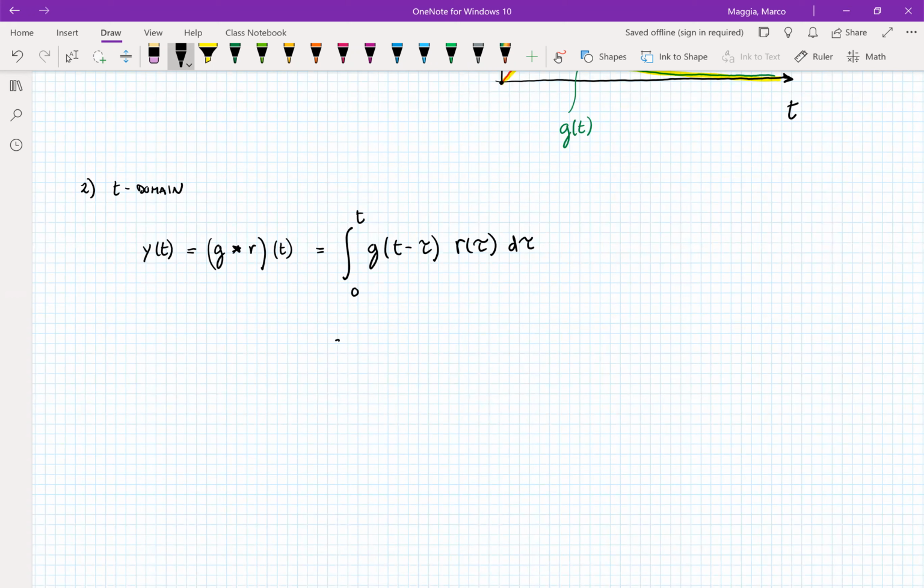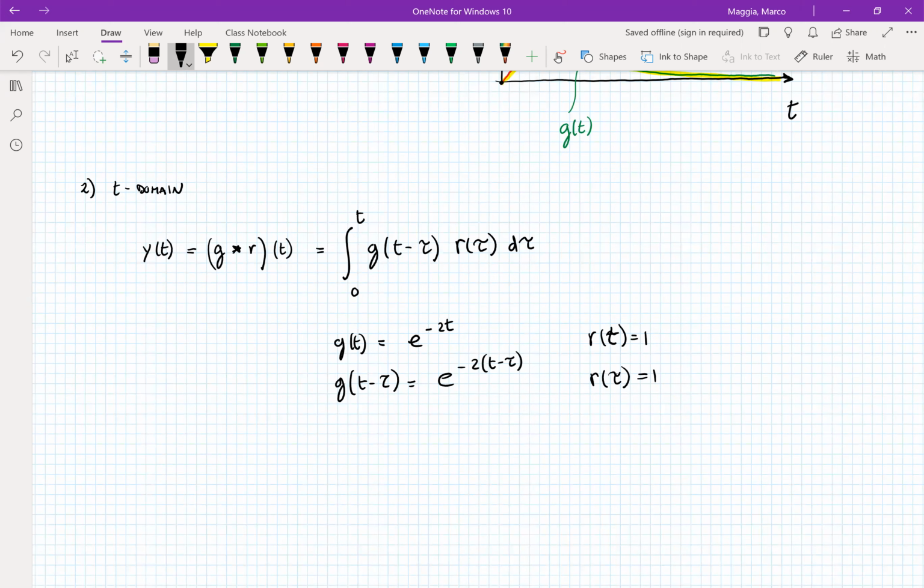So you can use g of t equals e to the minus 2t. So g of t minus tau is e to the minus 2 times t minus tau. And r of t is 1, so r of tau is also 1.